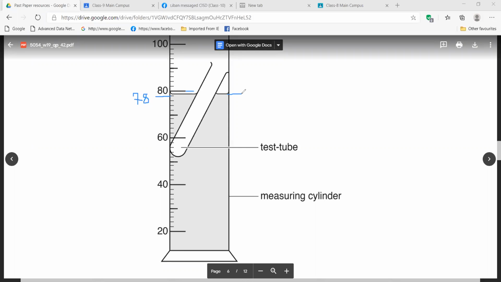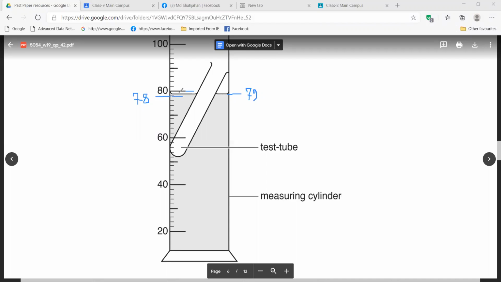So it's between 78 and 80, right? Yes, sir, that is 79. So we can get 79 here, though it's not exactly 79, very close to 79.